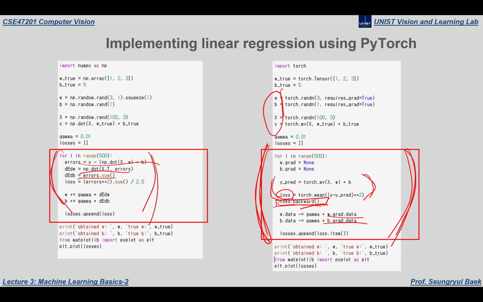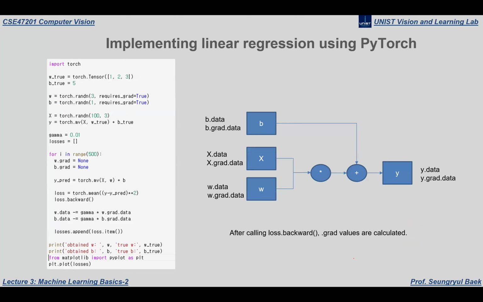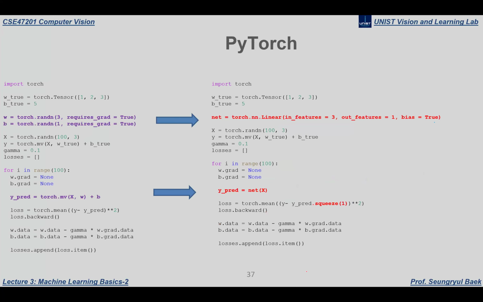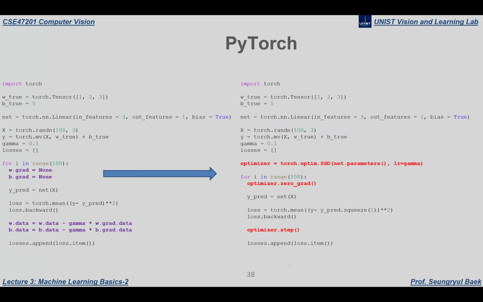But you will feel that using PyTorch, the implementation becomes a lot easier for complex deep architectures. Okay. So this is the graph I mentioned previously. This type of graph is internally generated, and you can make it easy. Okay.